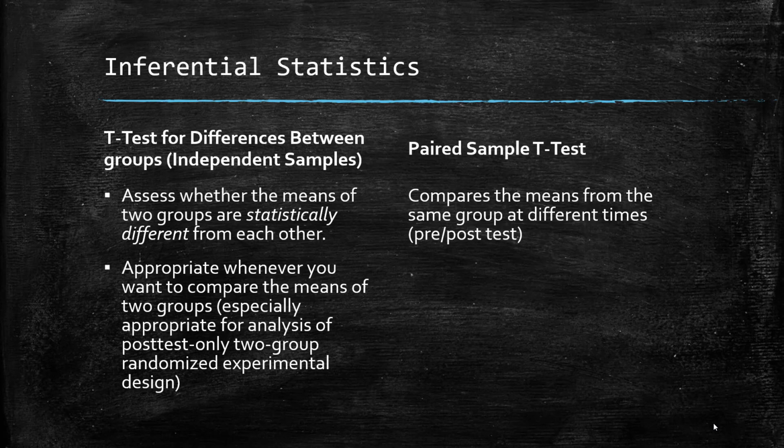So in our example, we're going to look at the means for age. We're going to look at the means for work-life balance, and we're going to determine, is there a statistically different level between categories of marital status or categories of job status?